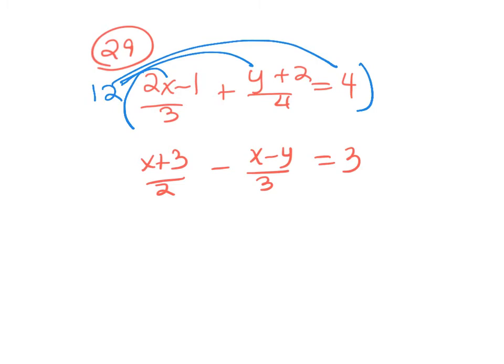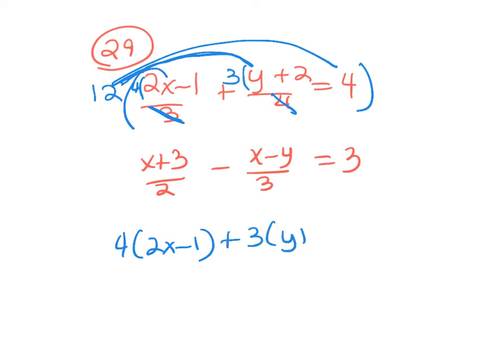When I distribute it to the first one, it simplifies, so it becomes 4 times 2x minus 1. Then for this one, 12 divided by 4 is 3, so I distribute a 3 to that numerator. And nothing here simplifies, so the 12 gets multiplied to the whole 4.